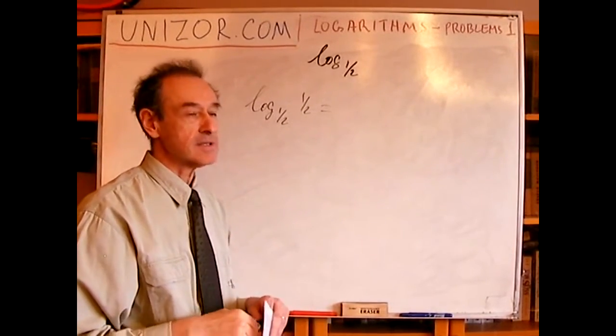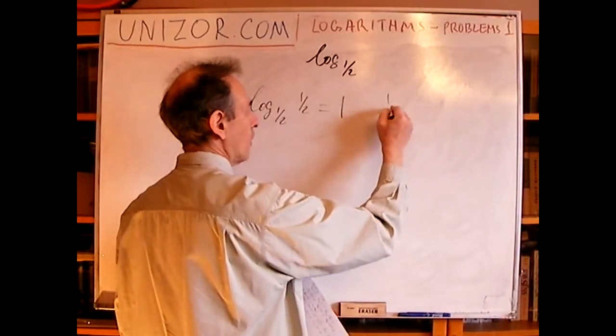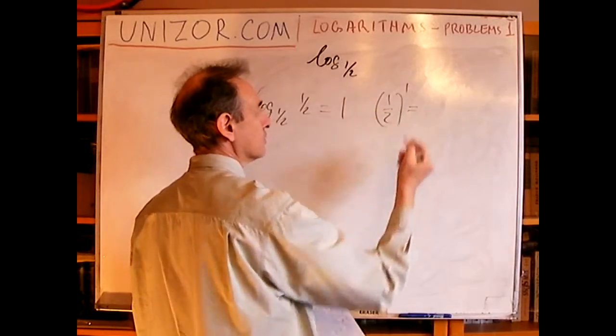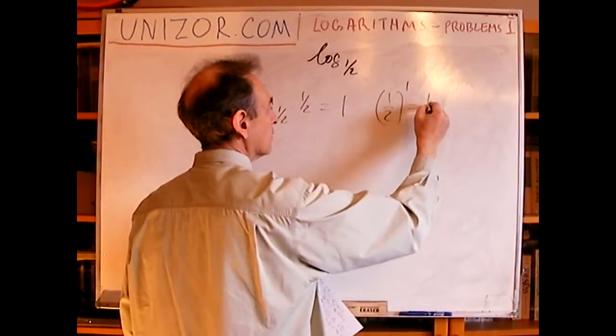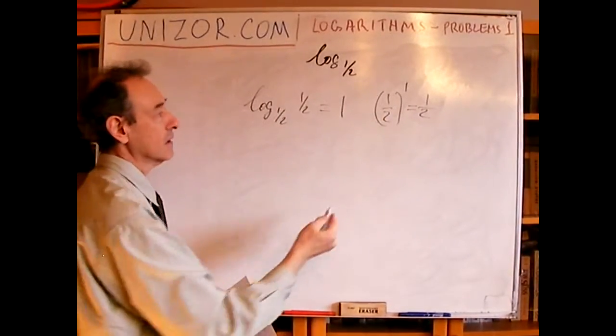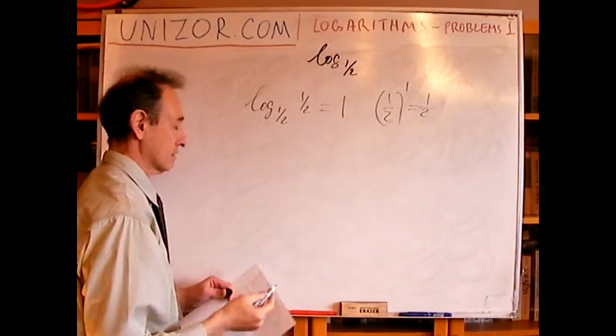Well, obviously, in this case, it's an easy answer. It's 1. Indeed, let's just check. 1/2 to the first power means it's just by itself, so it's 1/2. So this is the correct thing. Since this is correct, and this is equivalent to this, then this is correct.